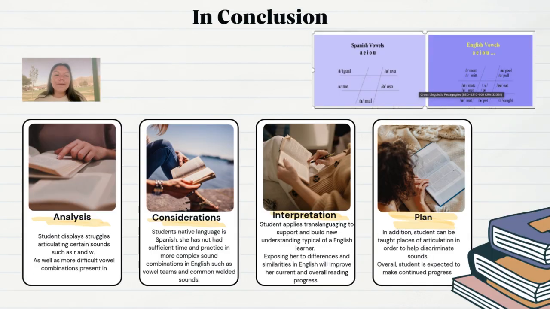In conclusion, my student does display a struggle when articulating sounds such as R and W, as well as articulating more difficult vowel combinations that are present in English. Some important considerations are that my student's native language is Spanish, and she perhaps has not had sufficient time and practice to learn and absorb more complex sound combinations in English that are not present in Spanish, such as vowel teams and common welded sounds.